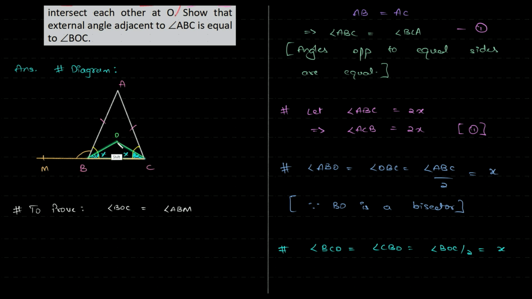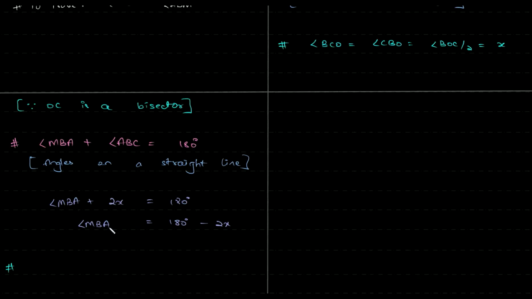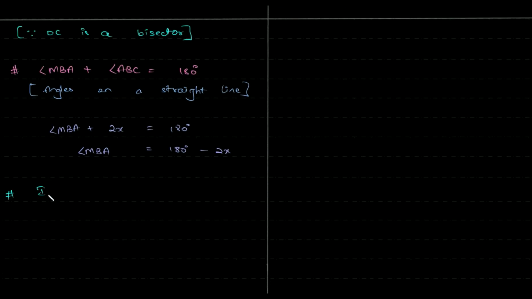I'm giving you guys a clue. It has to do with this triangle. Okay, are you able to see that? It has to do with triangle BOC. So how can we make use of that? In triangle BOC, angle O plus angle OBC plus angle OCB is equal to 180 degrees. Agree?